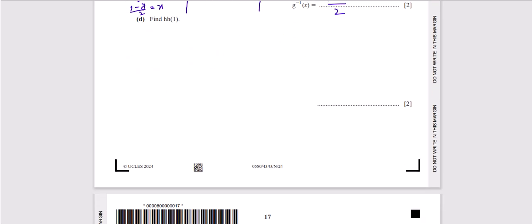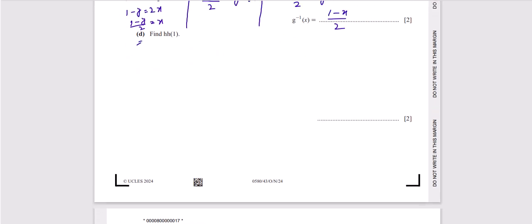Now part D. Find h of h of 1. First of all, we find h of 1. Here the value of x is 1. The function h of x is equal to 1 over x plus 1.